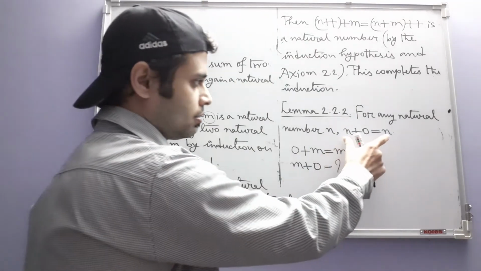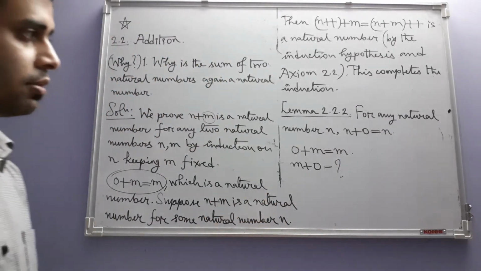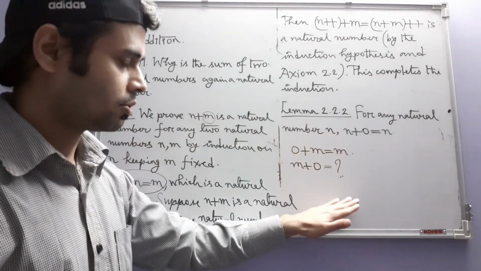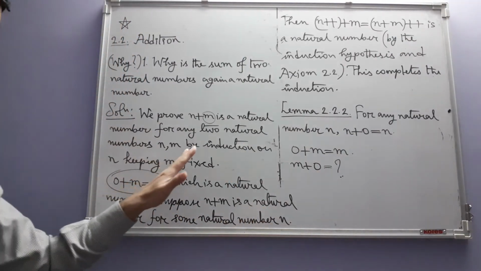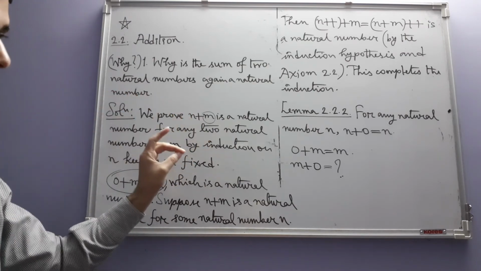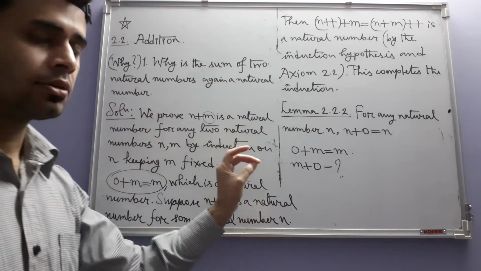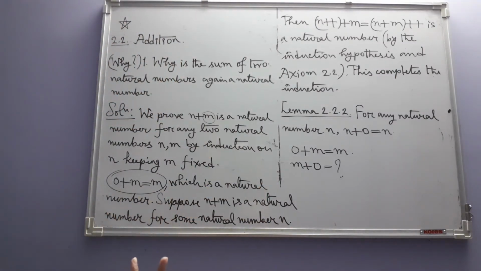And the proof, invariably all the proofs now, will go by induction. So the fifth axiom, that's why I said that the fifth axiom of Peano is really the heart of all the things. It gets us started. Without it, we are nowhere. We can't even take the first step.